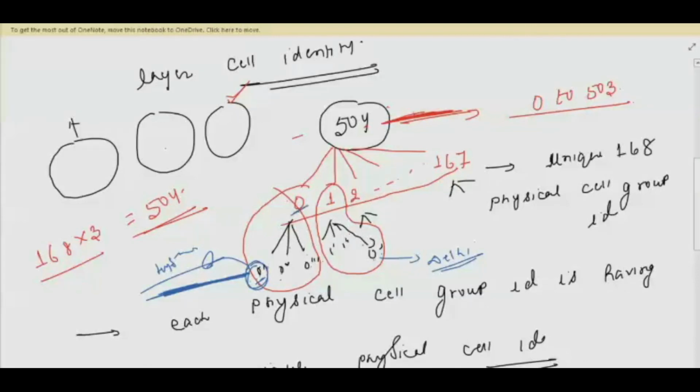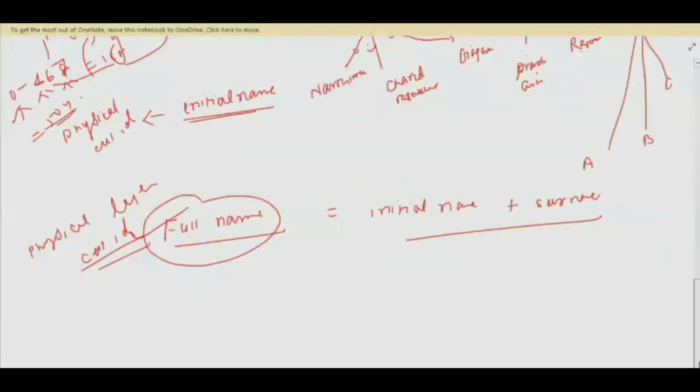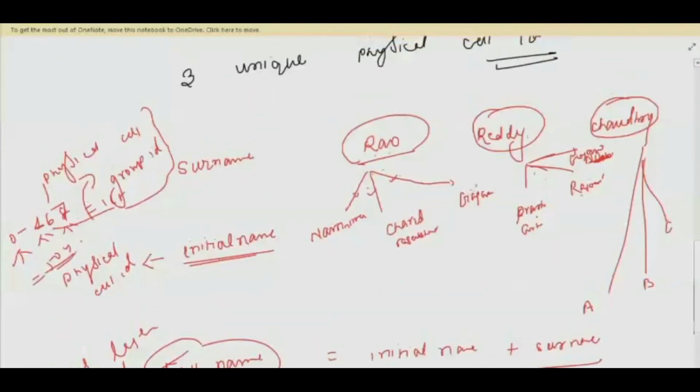They understand, okay, this belongs to the group of Telangana, and this 0 belongs to Delhi. Then they can understand it is in Hyderabad and that one is in Delhi, because within two groups it may have the same cell ID. So if you identify the cell ID, your story is not over. Suppose here your initial name is Gagan, and another person's initial name is also Gagan.